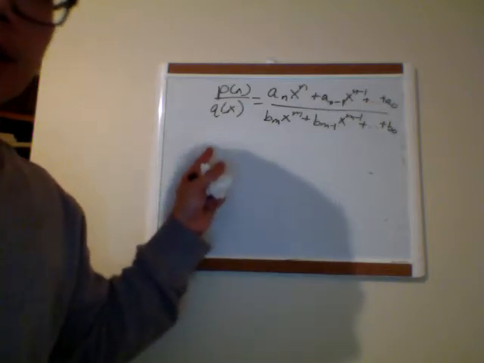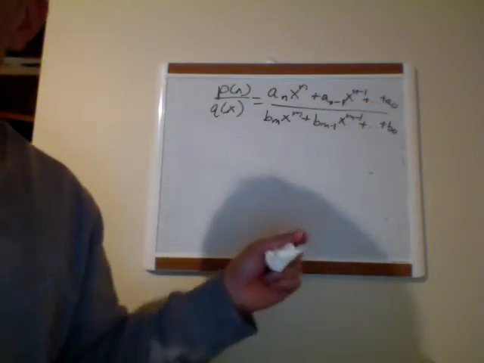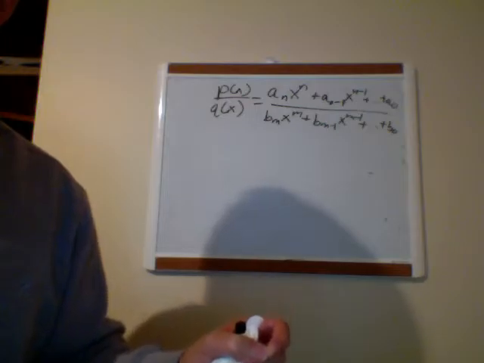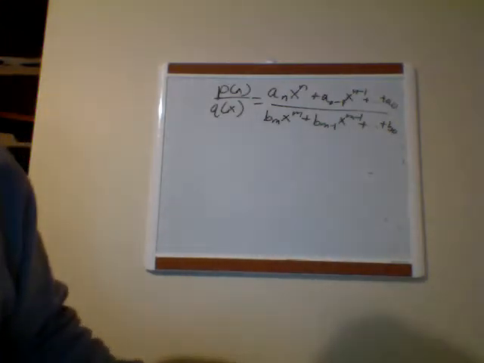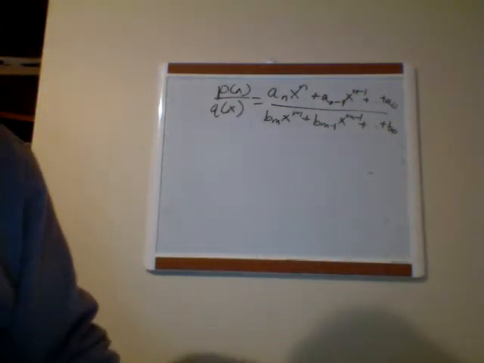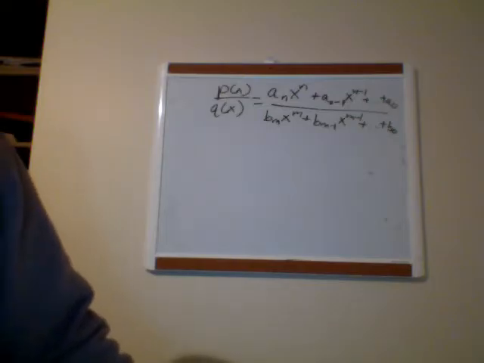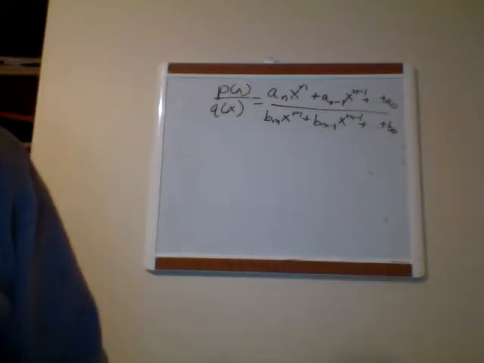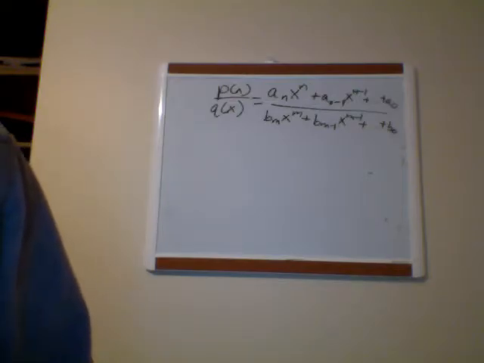So we're going to look at different cases and talk about the horizontal or oblique asymptotes. The first case is when the degree of the polynomial on the top is less than the degree of the polynomial on the bottom.